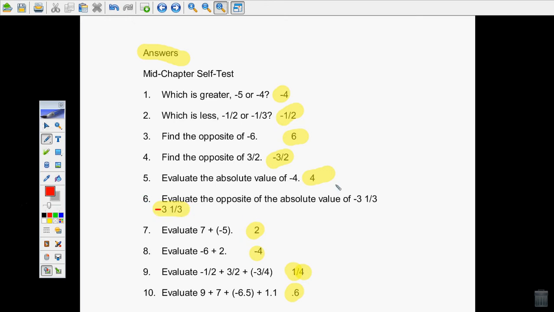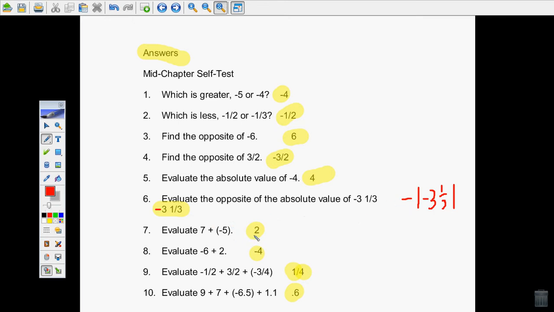So this would look like this: the negative sign in front of the absolute value of -3 and 1/3. When they say the opposite of that, they put the negative sign in front of the absolute value. So that's why your final answer is negative, because the opposite is outside of the absolute value sign.